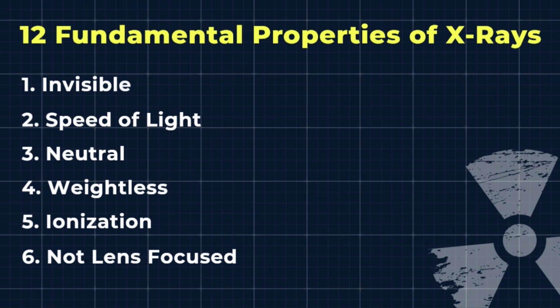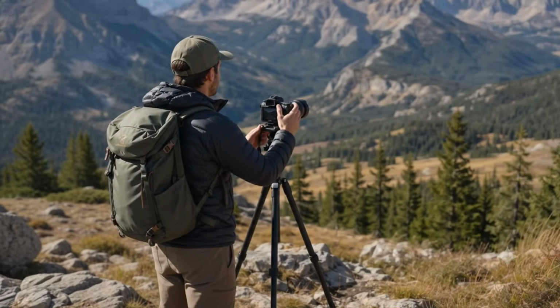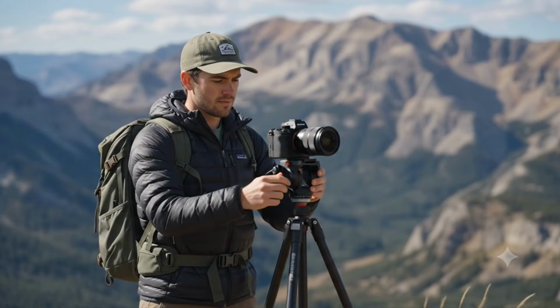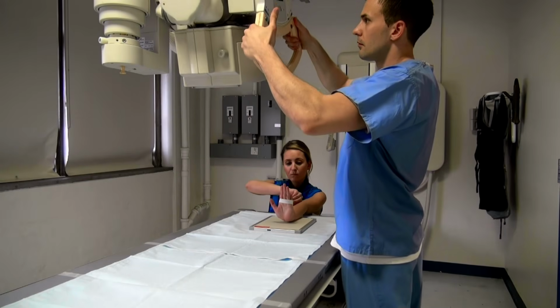That's ionization. Sixth, X-rays cannot be focused by a lens. What does that mean? We cannot bend X-rays into a sharp point like visible light. With a photo or video camera, we can do that and therefore focus where we want it to go because it has a lens. An X-ray machine is different.